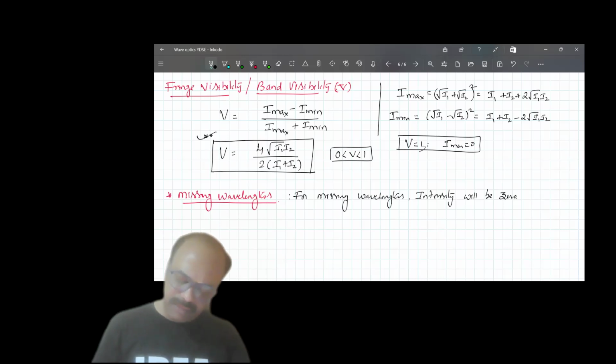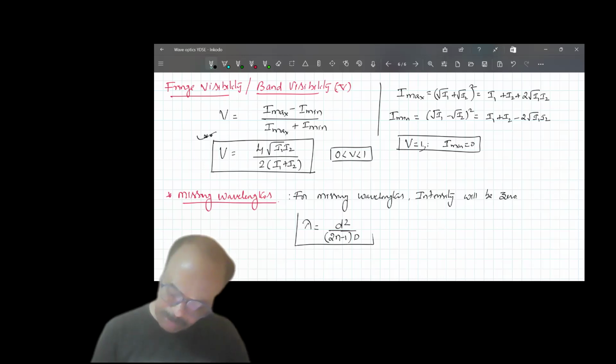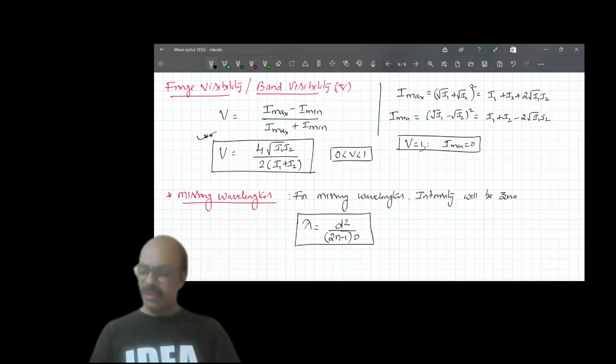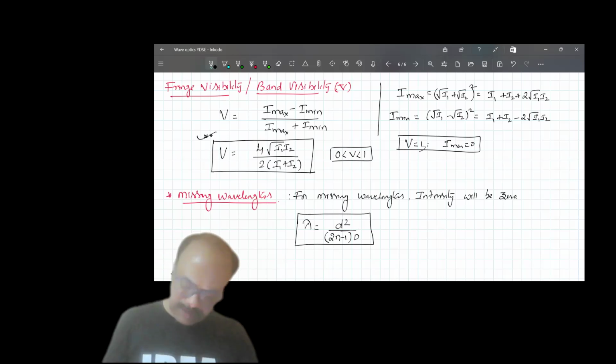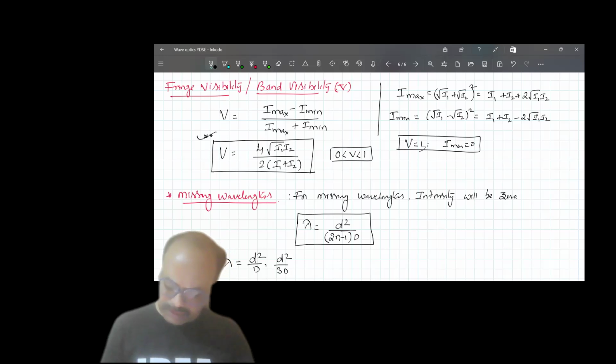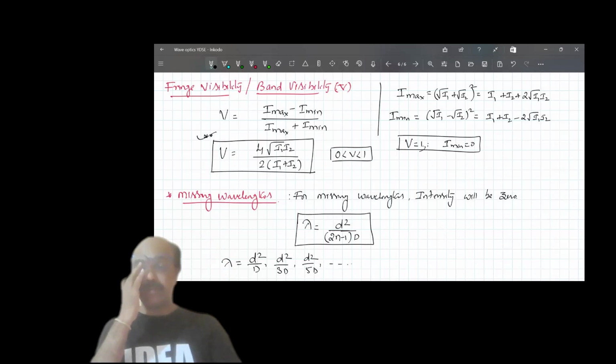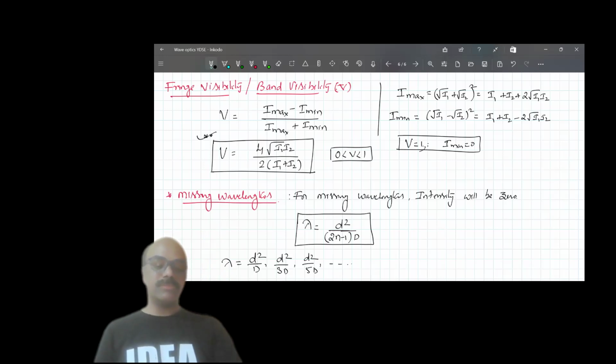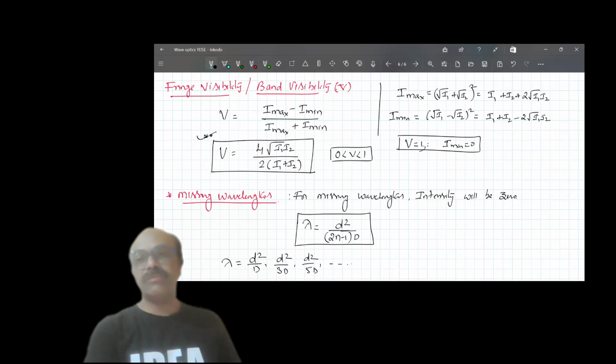So we can write the missing wavelength direct formula: lambda equals d square by (2n minus 1) into capital D. If you take n equals 1, 2, you will get lambda equals d square by D; if you take 2, it becomes d square by 3D, then d square by 5D, like that. All odd numbers will be missing here.